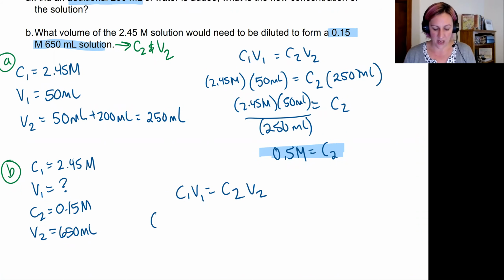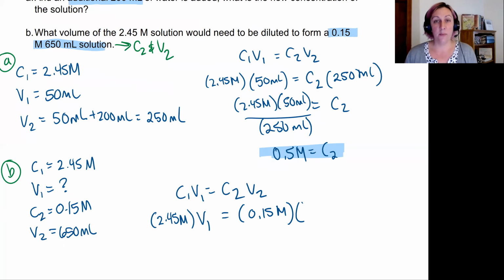In this case, I've got my 2.45 molar for my C1, and it's going to be multiplied by some unknown volume that I'm going to try to calculate. And it's equal to my new concentration, which is my 0.15 molar, multiplied by that total volume that I want in the end, which is my 650 milliliters. So if I leave this in milliliters, this means that my V1 will have units of milliliters as well.